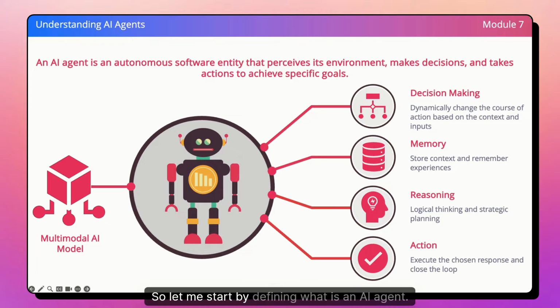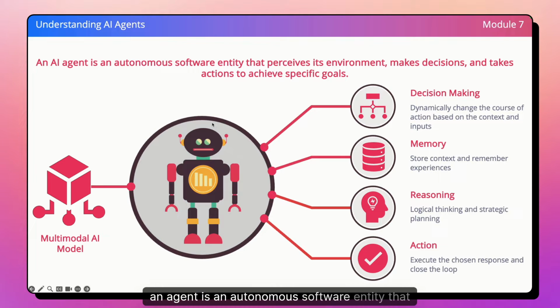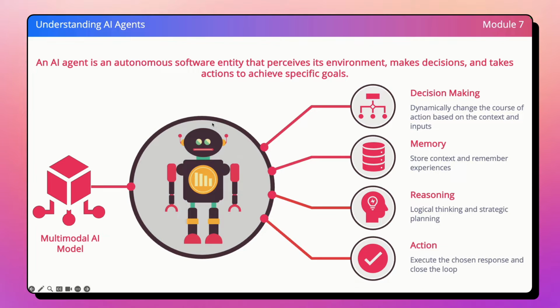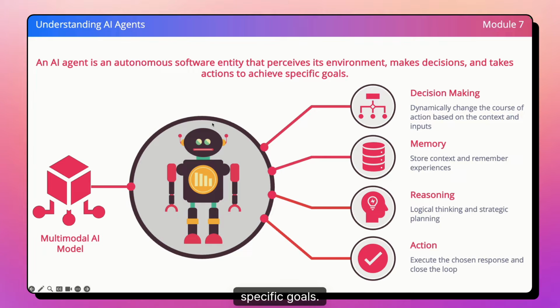So let me start by defining what is an AI agent. An agent is an autonomous software entity that perceives its environment, makes decisions, and takes actions to achieve specific goals. The keywords here are the perception of the environment, making dynamic decisions, and performing actions to accomplish a specific goal.